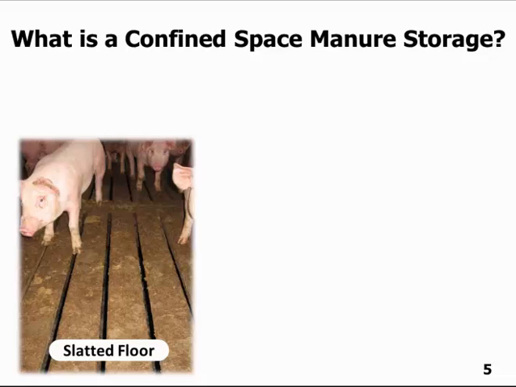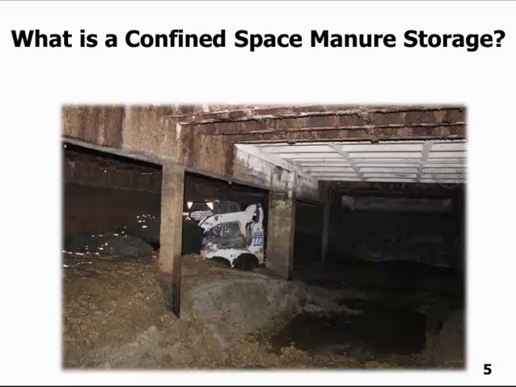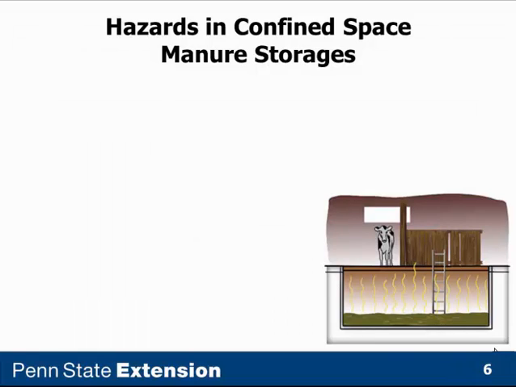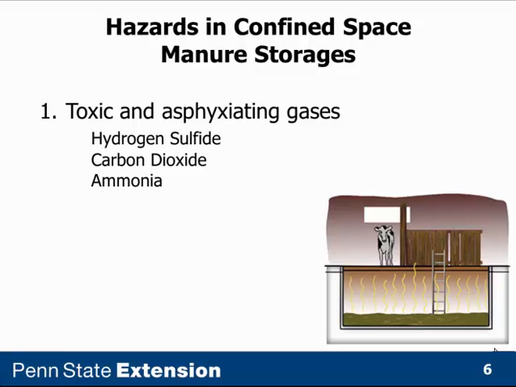The kinds of confined space manure storages we're addressing with this online tool are manure pits beneath slotted floor covers. They include manure pits with solid covers located outside the barn, or for manure pits beneath the animal housing barn above it. The hazards in confined space manure storages are toxic and asphyxiating gases, the most important of which are hydrogen sulfide, carbon dioxide, and ammonia.